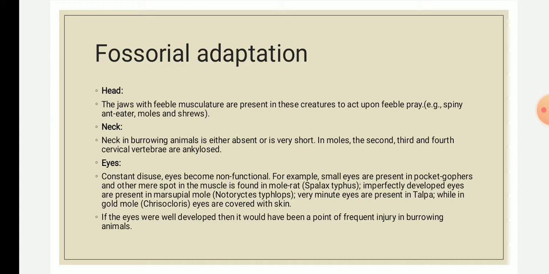For example, small eyes are present in the pocket gopher, whereas a mere spot in the muscle is found in the mole rat. Imperfectly developed eyes are present in the marsupial mole, very minute eyes are present in Talpa, and in the golden mole the eyes are covered with skin. So these are the different ways in which, because of disuse, the eyes have degenerated or been modified.